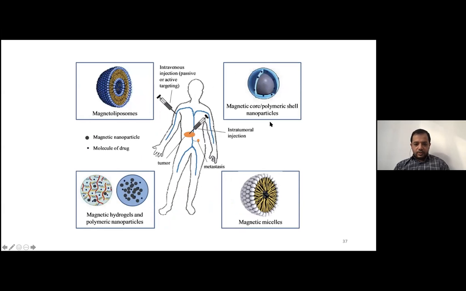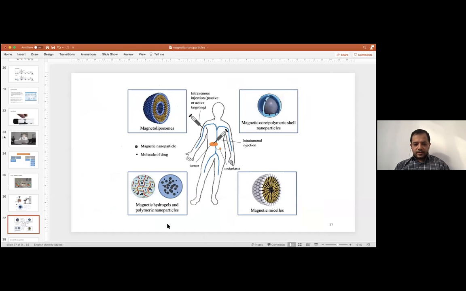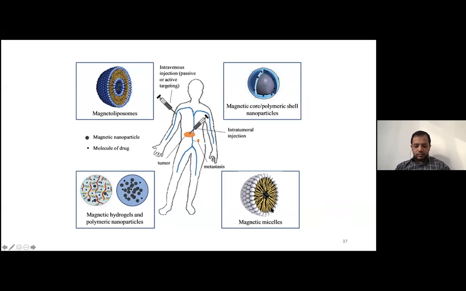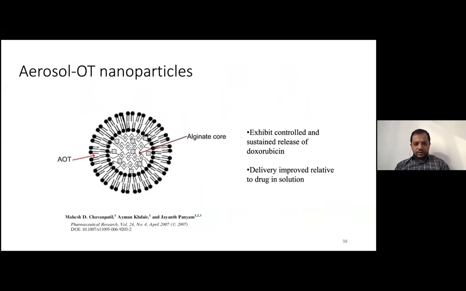All right, so I'm going to go a little faster. Magnetic liposomes, magnetic core polymeric shell nanoparticles, magnetic hydrogels, and magnetic missiles are all different types of magnetic material used in drug delivery.